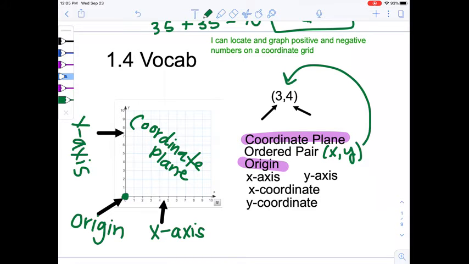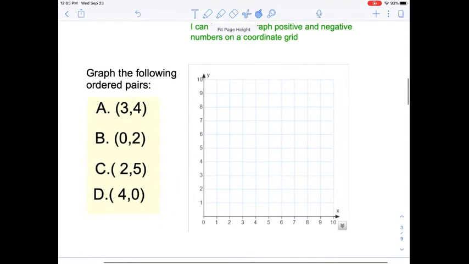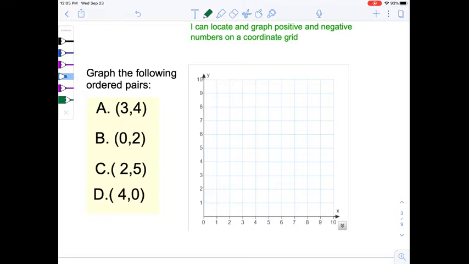An x-coordinate always comes first in an ordered pair. The y-coordinate always goes second in the ordered pair. So in this case, the 3 is the x-coordinate and the y is 4. So to graph ordered pairs, we first go left or right for x, and then we go up or down for y, depending on if it's positive or negative.